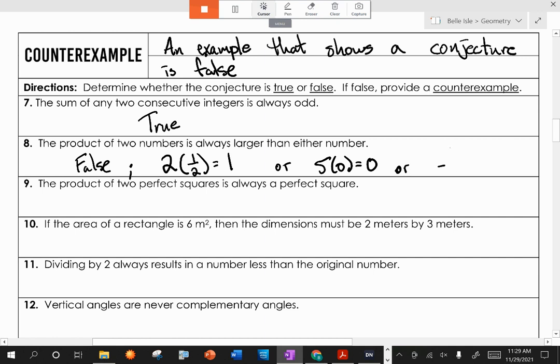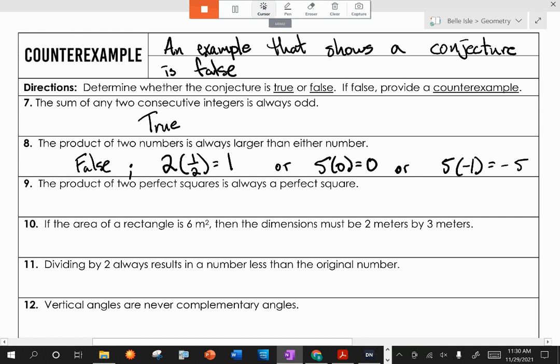If we did 5 times negative 1, that equals negative 5. All of those are counterexamples. You do not have to give all of the counterexamples on the rest of these or on your homework. Just give me one.